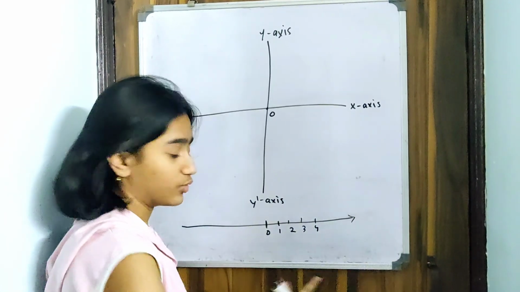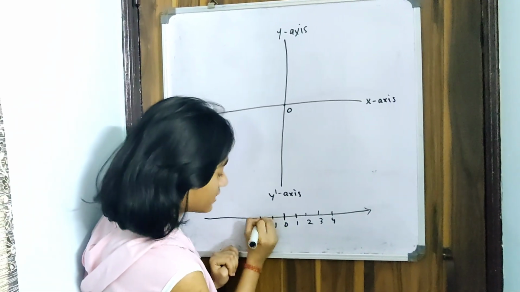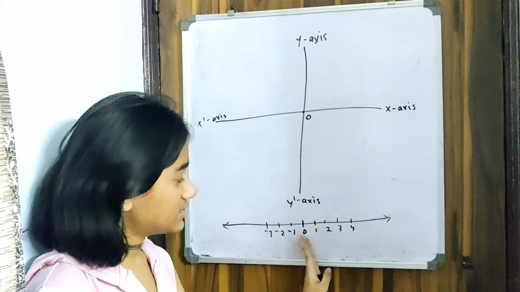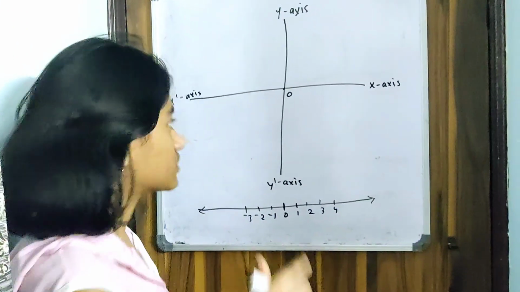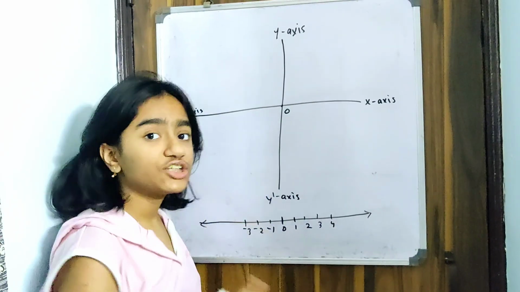It keeps on continuing. But on the left hand side, it is minus 1, minus 2, minus 3, and so on. So this is the positive side and this is the negative side when we are making a number line for integers. We are using integers in a Cartesian plane also.